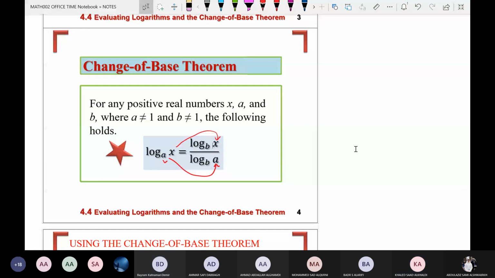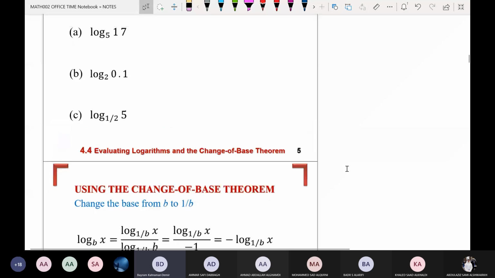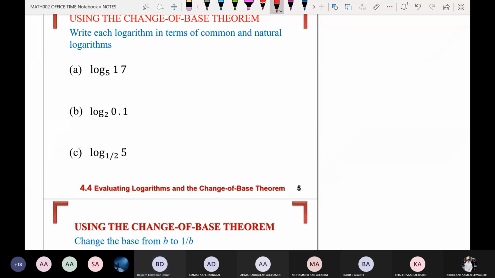Let's see, for example, suppose, Shabab, we have logarithm of 17 base 5. Can I write it with base 10? The same number? Well, I can write logarithm of 17 divided by logarithm of 5. You see, Shabab, that I used base 10, right?